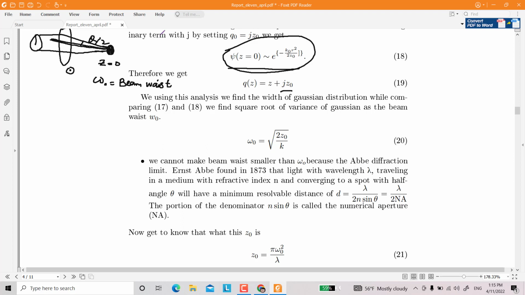You have to have a convex lens with an infinitely large aperture just to make the precision arbitrarily precise.